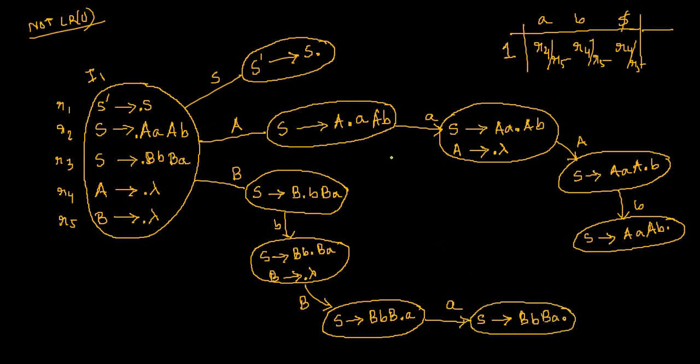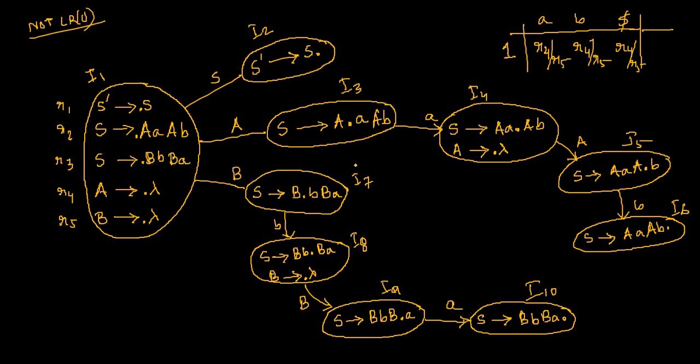So in total I1, I2, I3, I4, I5, I6, I7, I8, I9, and I10. Total 10 states are there.